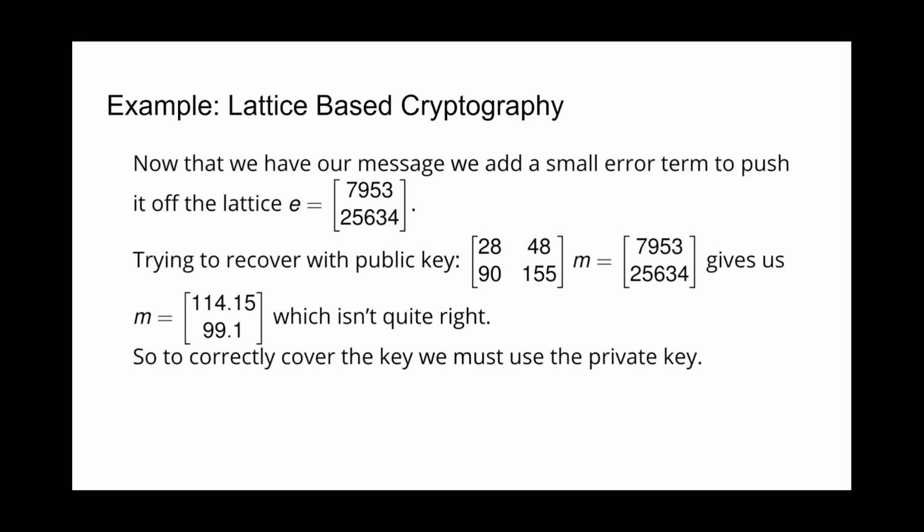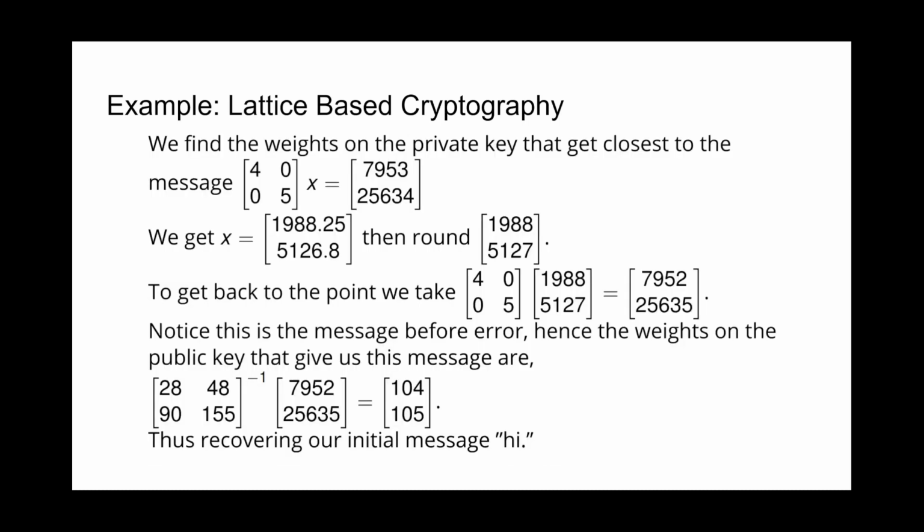So to correctly recover the key, we need to use our nearly perpendicular basis to find what combination of those vectors are closest to our nudged message. And we find that to be 1988.25 and 5126.8.